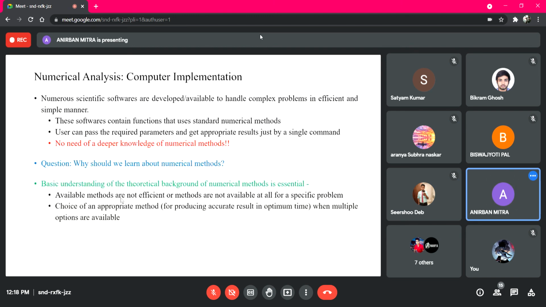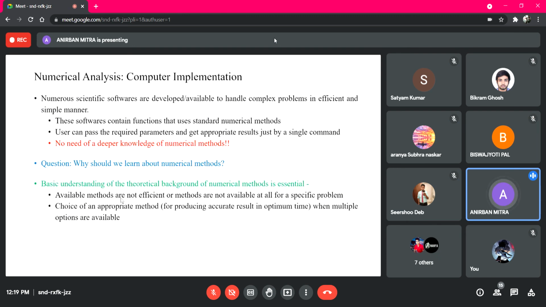Second, how do you choose an appropriate method if there are multiple options available? So obviously you need certain background knowledge about it. Background knowledge such as how fast a numerical method converges to a solution, or how much error the final solution is going to have. Different types of numerical methods are going to have different convergence rate, different amount of error also.